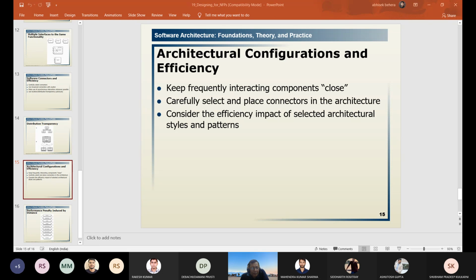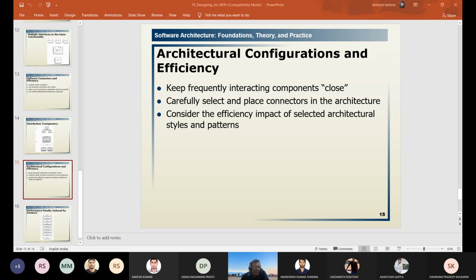Consider the efficiency impact of the selected architectural style. You have read 6 or 7 architectural styles, peer-to-peer, blackboard, layered architecture, different styles. So select that very carefully. Which one will be efficient for what purpose? You will see that Skype was something initially, then they changed over to something else.